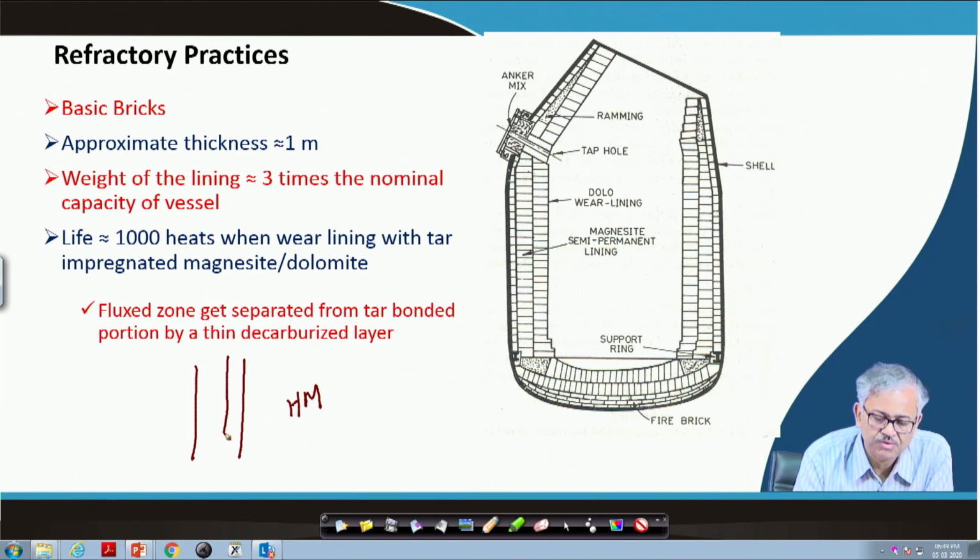As a result, you form a decarburized layer.